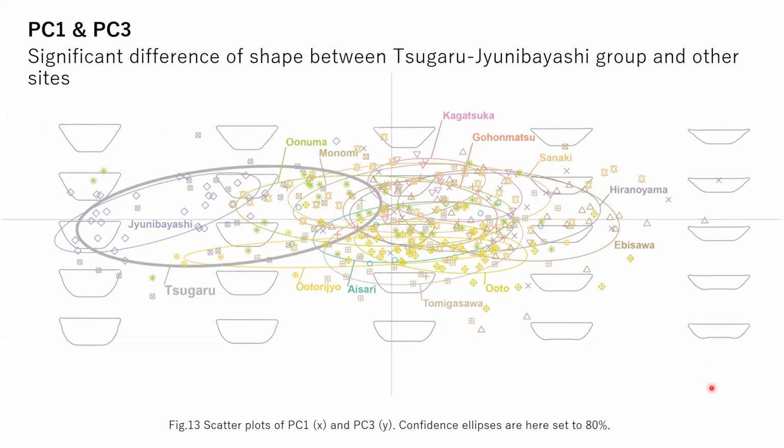Figure 30 shows scatter plots of PC1 and PC3. It shows a clear overlap between Tsugaru and the Juniper site, while many of the ellipses overlap in the center and right side. Tsugaru and Junibayashi are on the left side. This indicates a significant difference in shape between the Tsugaru-Junibayashi group and other sites.